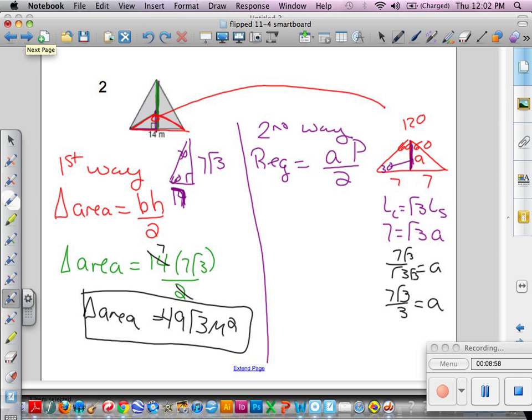So now going back up to my regular polygon area formula, it is 7 root 3 over 3. My perimeter is 14, 14, 14, so that's going to get me 42.